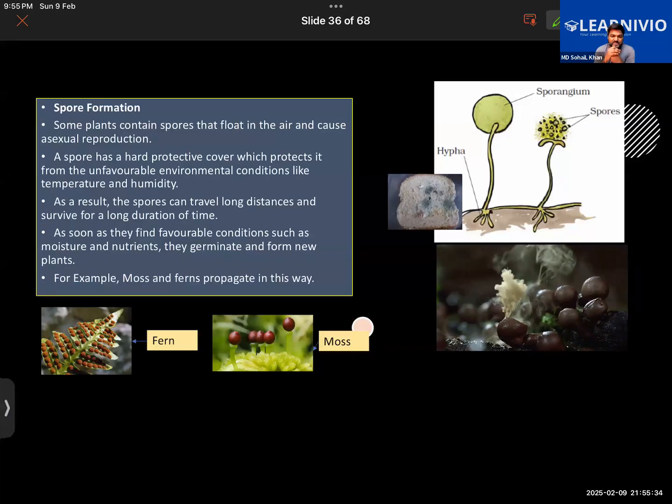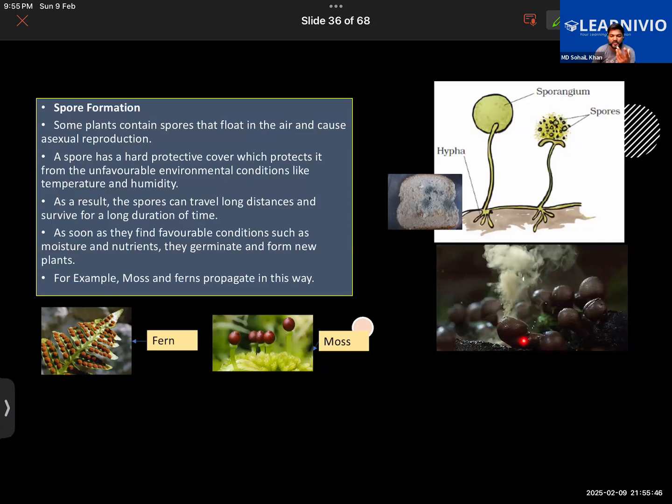Generally, we know that fungi have spores in them. This one here is an example of a fungi. Do not confuse it with a plant. So how do fungi reproduce? How do they multiply? On top of the fungi, they have a bulb-like structure called a sporangium.